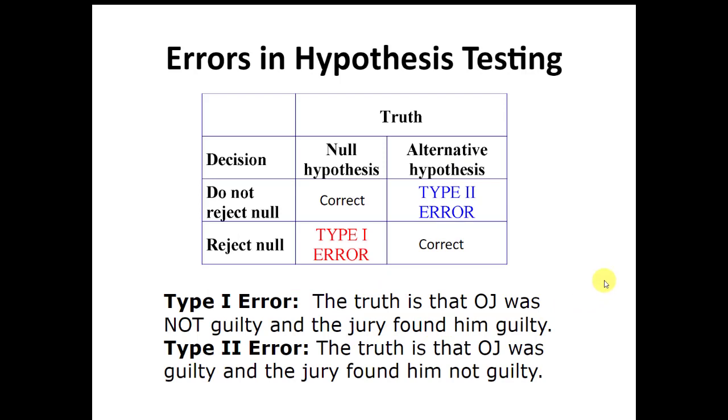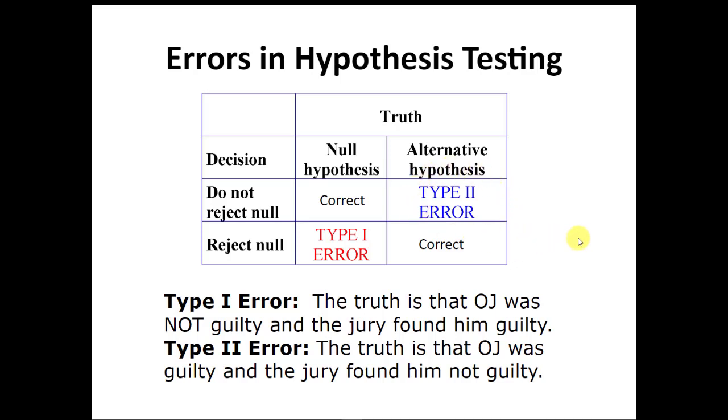So in our example, a type 1 error is that the truth was that OJ was not guilty and the jury found him guilty. In this example, a type 2 error would have been that the truth is that OJ was guilty and the jury found him not guilty. That would be the type 2 error.